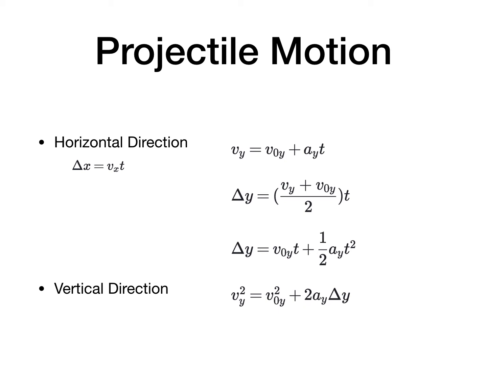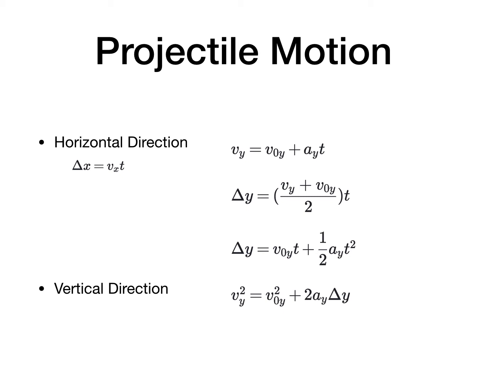In solving projectile motion problems, we will use any of the following equations, but after analyzing our example, shown on the next slide, we will be able to determine what variables are needed to solve the problem and what variables are not needed, so we will know which equation to actually use.